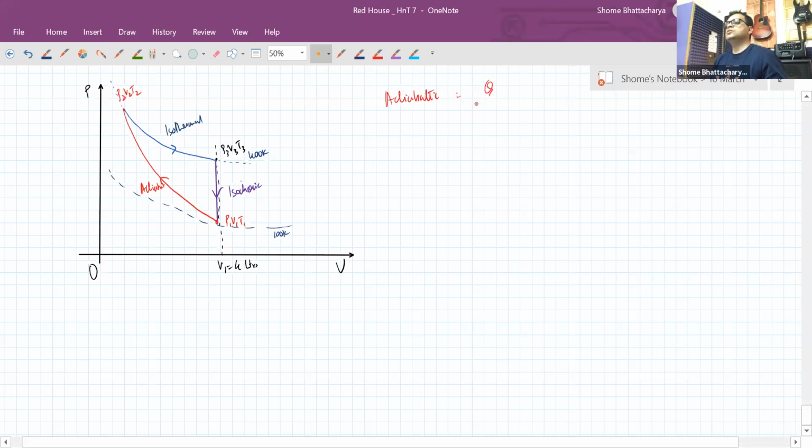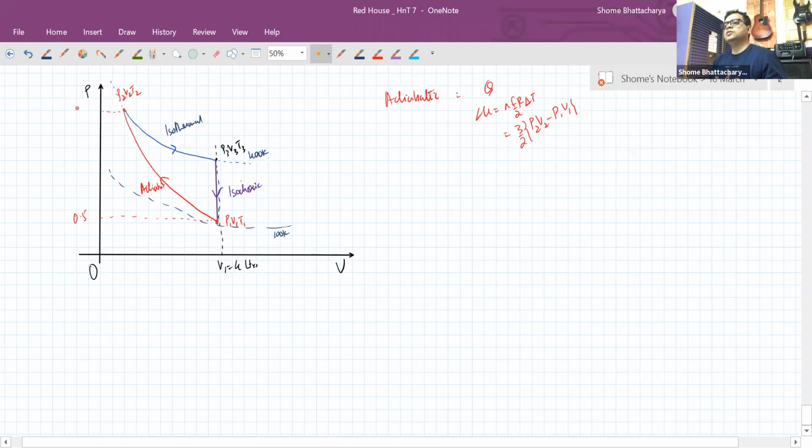Now for each of the processes, for the adiabatic process, see Q is 0, delta U is equal to, since it is monoatomic gas, 3 by 2 into P2 V2 minus P1 V1. Okay. And we have just seen that this pressure was 0.5 atmospheres.